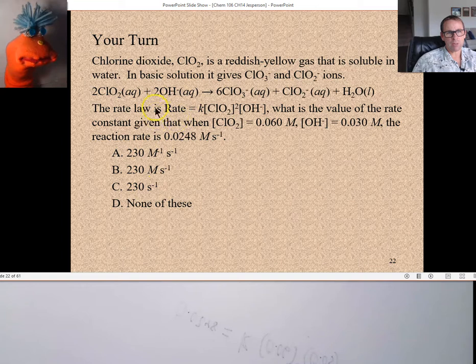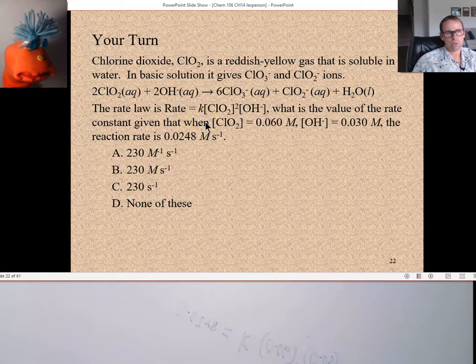So what units does k have to have so that the units over here times the units for k equals molar per second? Let's see. Over on the right, you got molar squared times molar, so molar cubed altogether. That's right, and you only want molar per second over here. So it's going to be 1 over molar squared seconds.